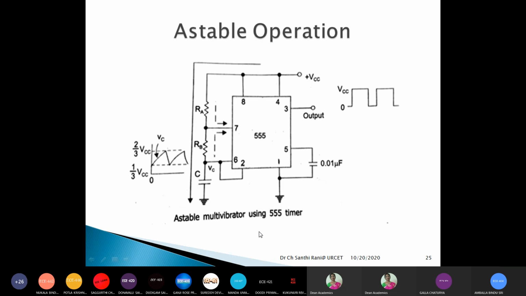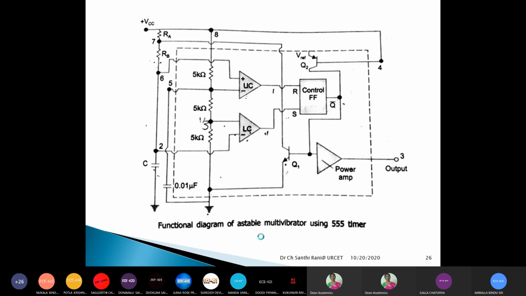Now let us see this detailed functional diagram. Within these dotted lines, what we draw is the 555 timer internal diagram, or functional diagram, or block diagram. Today I have gone through your previous question paper, and they asked to explain the block diagram of the 555 timer.